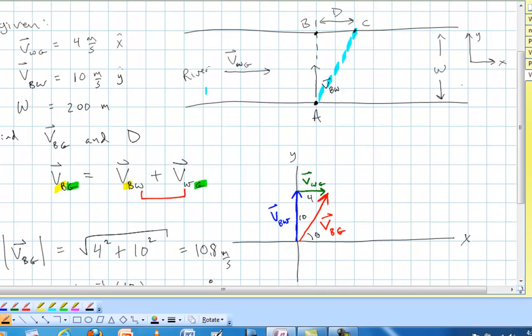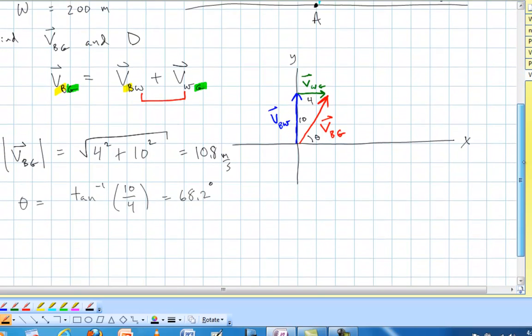Here we're going to do the same thing. I'm going to use what I'm calling my y motion across the river. I know my speed in that direction. I know the distance, so I can find the time it takes to cross the river. And then I'm going to use that time and my x velocity to find out how much it drifts, just like a projectile motion problem.